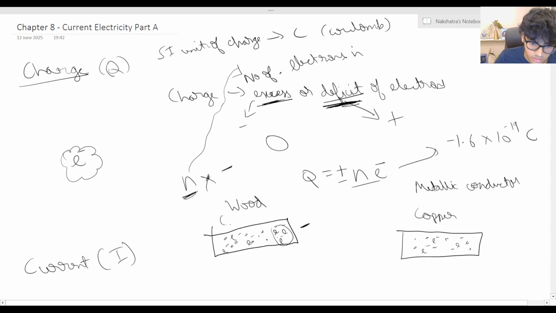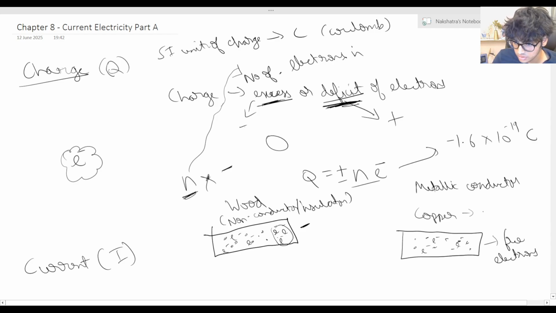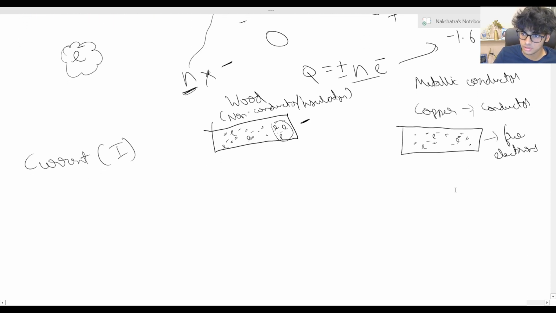So wood is a non-conductor or insulator because these electrons cannot move. But in copper, these electrons are called free electrons because they can move around, and this makes copper a conductor. Mostly all metals will have free electrons, and that is why they can conduct electricity.